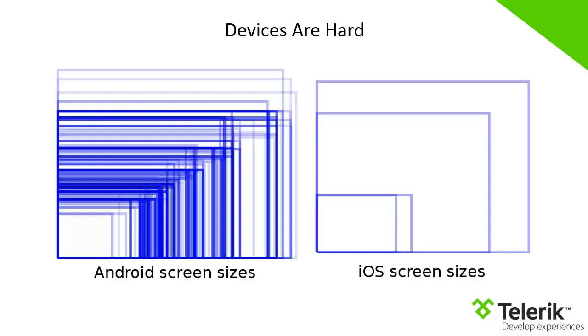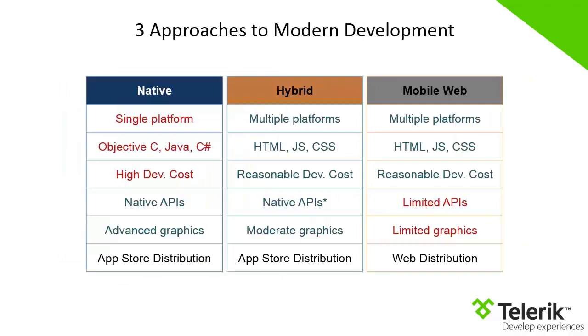Look, there's 3 approaches to modern development. You can take the native approach like many of us have done with VB6, WinForms, and WPF in the past. You're going to write C# or some other language and present content and applications that work on Windows or maybe iOS or Android.